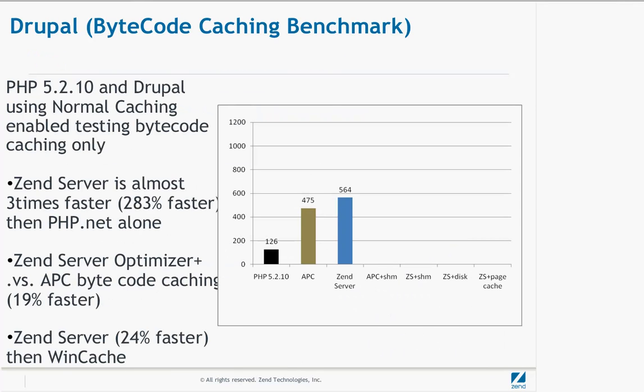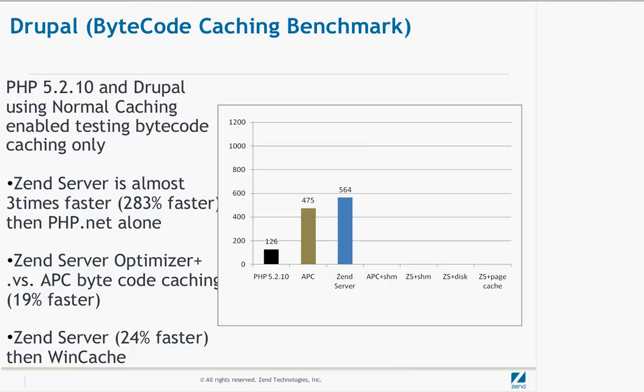So in the benchmark here, we try to make this apples to apples, just bytecode caching, no other type of caching, just to make it an even comparison. The results basically show that using PHP 5.2, with caching enabled Zend Server was almost 3 times faster than just open source PHP alone.